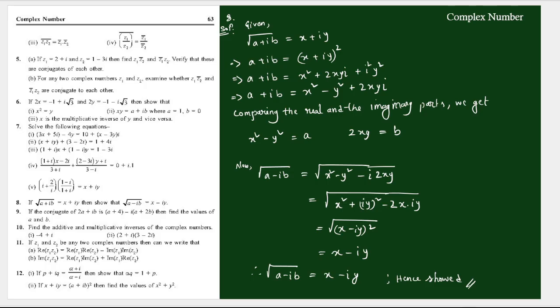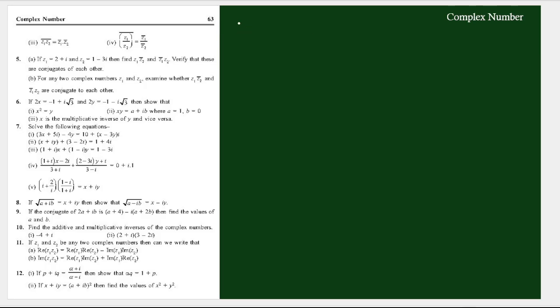Okay, let's try to do number 9 solution. तो conjugate लिखना पड़ेगा. So conjugate of किसका conjugate? 2a plus ib. This is how much? Wait. 2a minus ib.